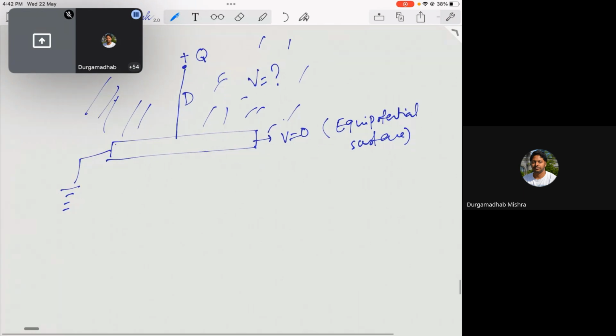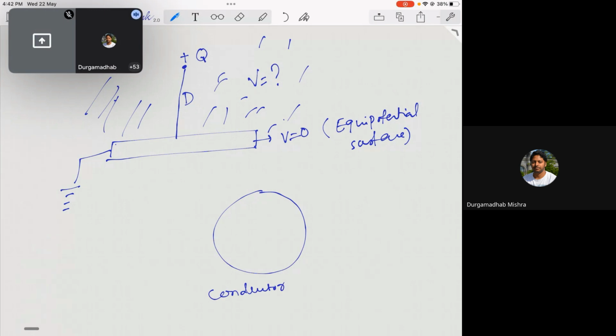A similar equipotential surface you also see in the case of the surface of a conductor. If I simply take a conductor and I have surface charges, the electric field will be 0 inside, and all the charges will reside on the surface depending on the charge outside.